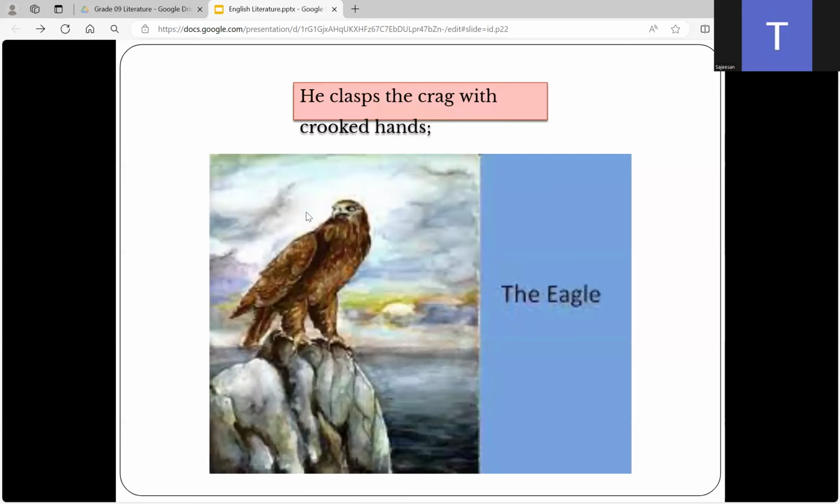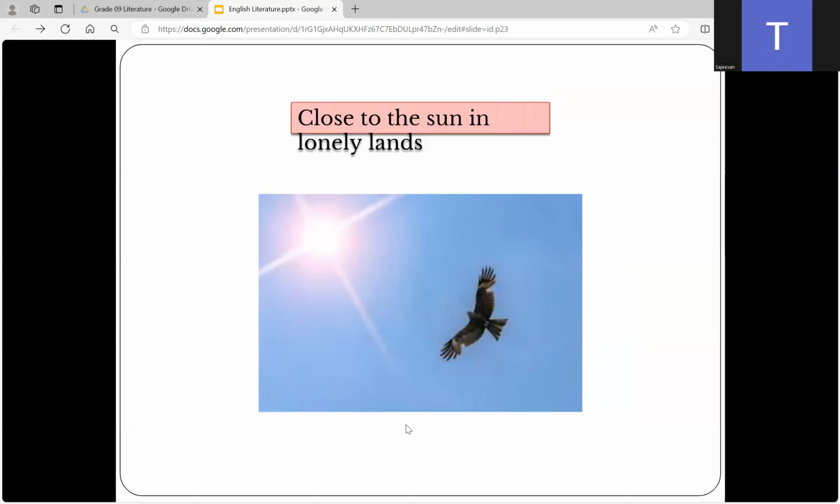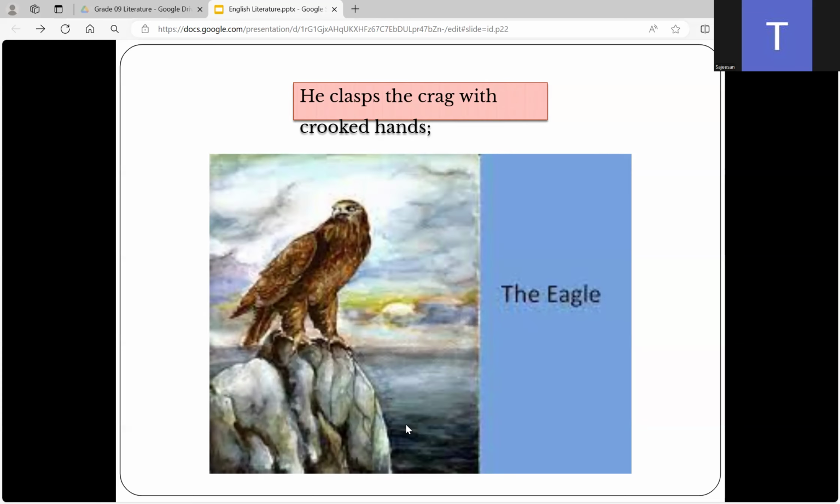Yeah, we can find the example for the use of imagery here, how he clasps the crag. Then the eagle, he clasps the crag with crooked hands.